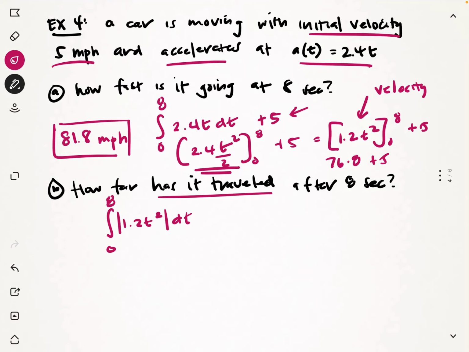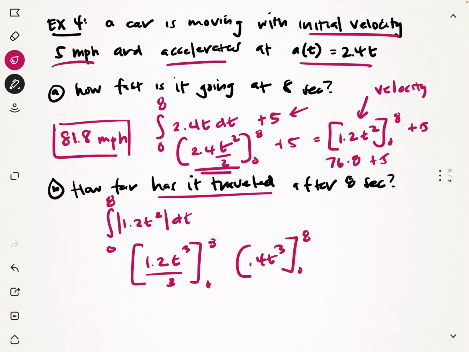Okay, so let's go ahead and do it. So the integral would be 1.2 t cubed over 3 from 0 to 8. We can even simplify that. 1.2 divided by 3 is 0.4 t cubed from 0 to 8. There's not going to be any problems with negatives, right?